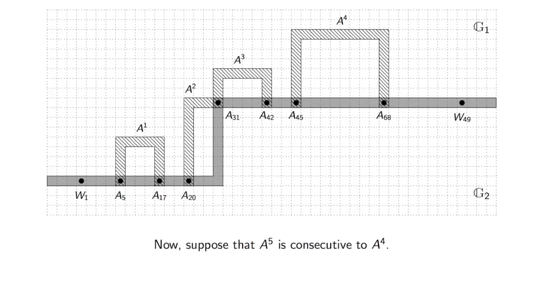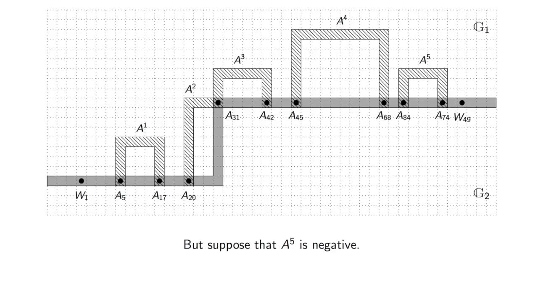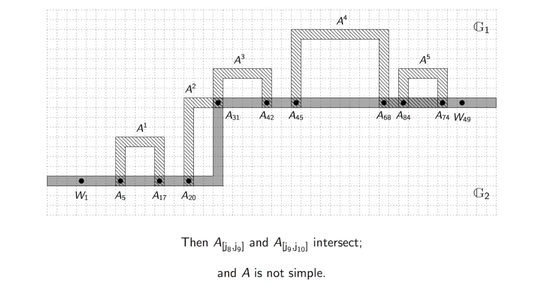Let's go back to the previous configuration and suppose that A5 is consecutive to A4. But suppose that A5 is negative. Then the segment of A between these two arcs intersects with A5. In this example, A70 and A84 are the same position and thus A is not simple, which is a contradiction. Then for any positive extremum arc, there exists a decomposition of this arc in elementary arcs.